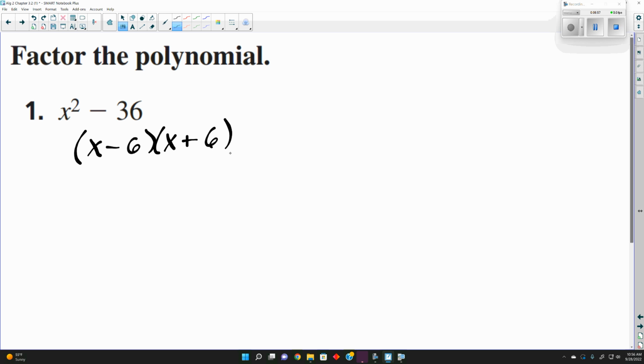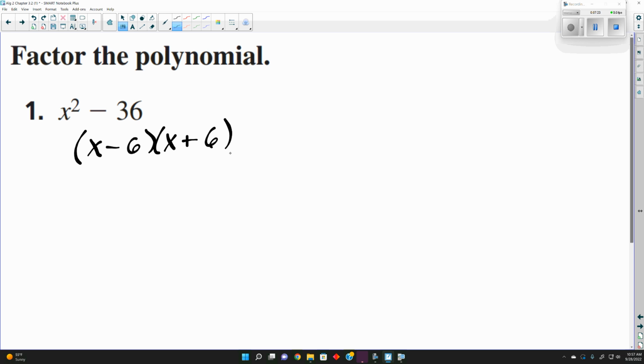So it doesn't matter how we put plus or a negative on this? Because that's the nice thing with multiplication. It's commutative. I can multiply any two things in any order. No. As long as we do have the plus on one and minus on the other, then it's fine. Because this here wouldn't be x minus 6 times x minus 6. We can't have them both be the same.